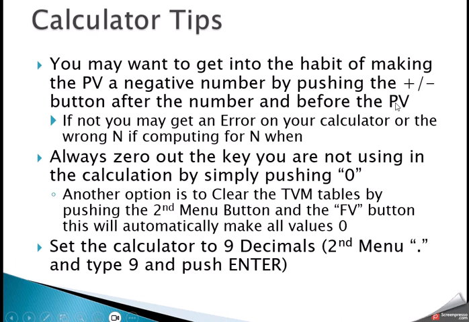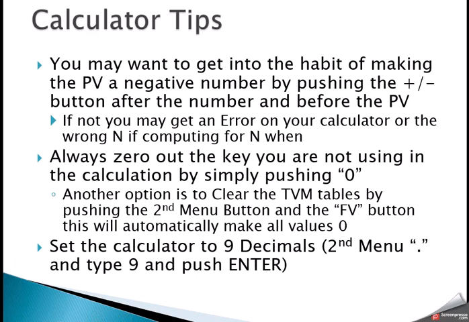You don't have to do that all the time, but if you start seeing that you get an error, like an ERR on your screen, or if you're doing the homework and you're computing for the N and you keep getting it wrong, then you've got to make that present value negative. You just got to tell the calculator that the present value is going a different direction than the future value.